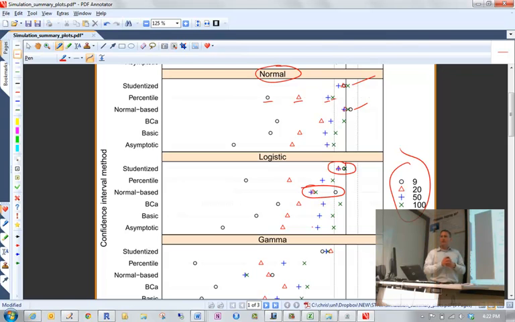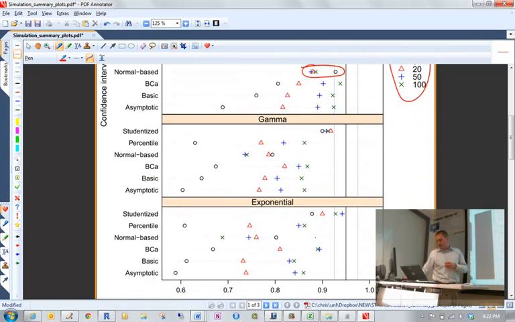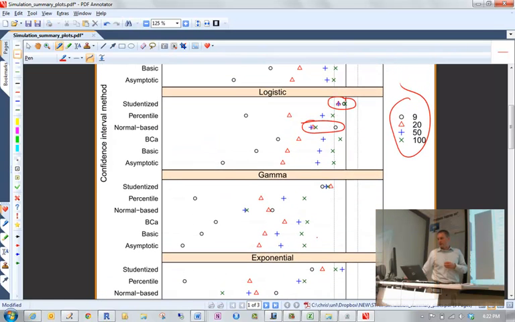No. That's not good. It's hovering around a little bit less than 0.9, about 0.87 maybe, right here. So even if you took a sample size of infinity, you're not going to get to 0.95.